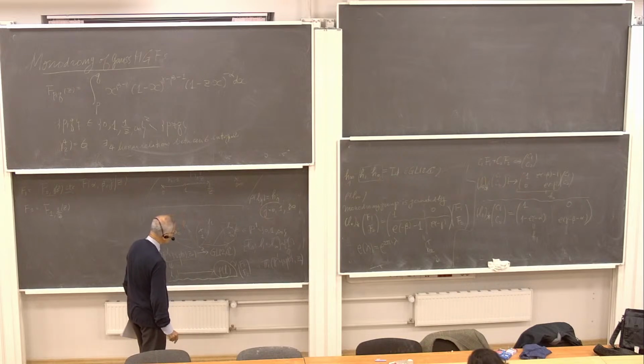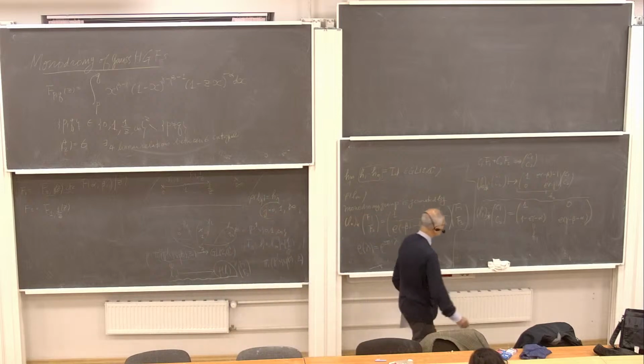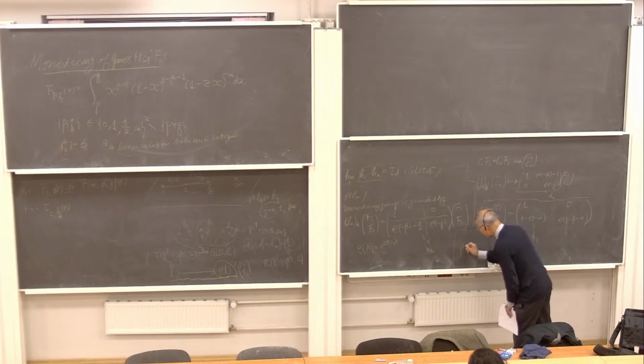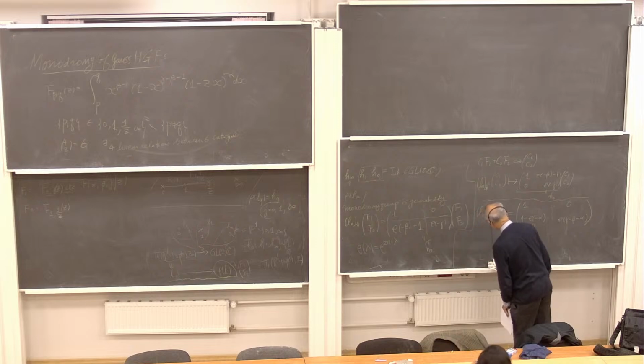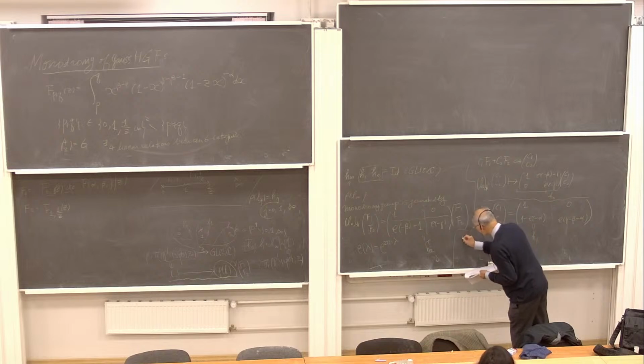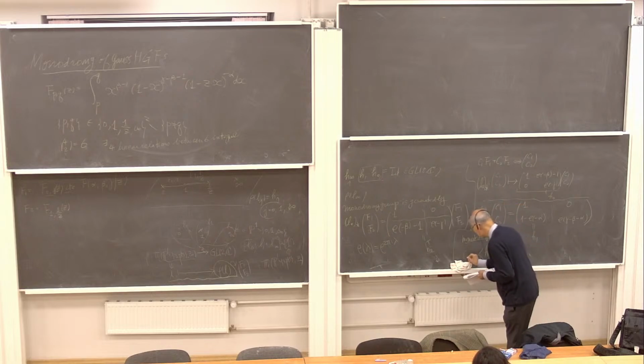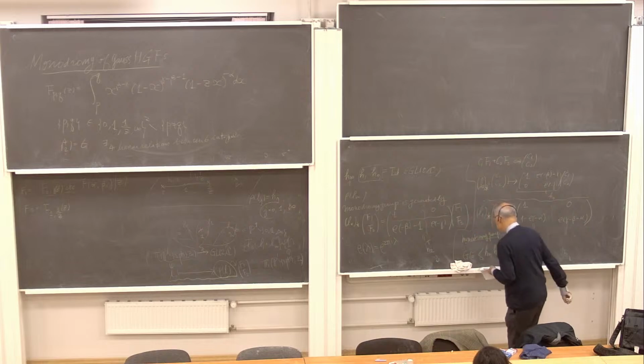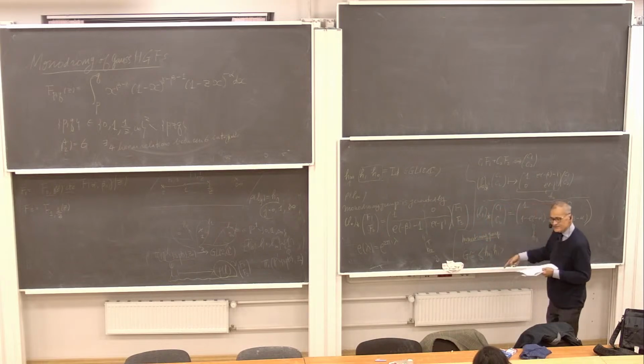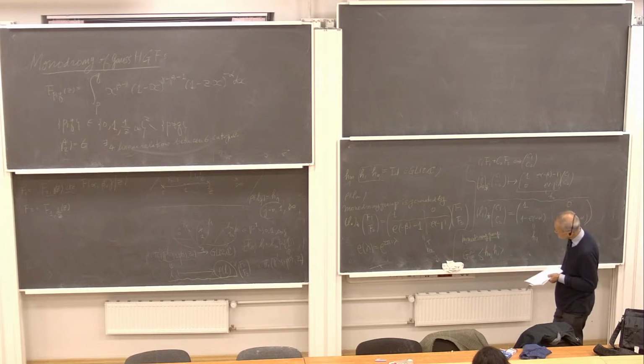In any case, the monodromy group is generated by two matrices, H0 and H1, up to some conjugation, base change, choice of basis and so on.